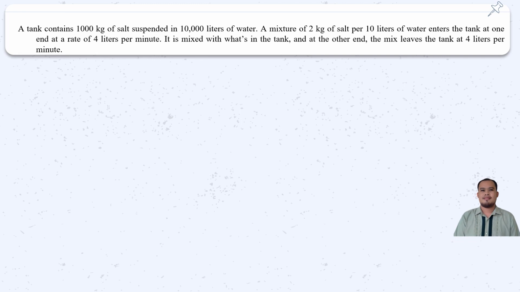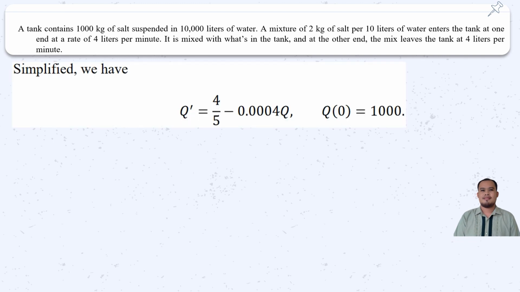Now, let's consider this simplified equation earlier. We have q prime, or dq over dt, which is equal to 4/5 minus 0.0004 q, and remember that q of 0 is equal to 1,000, since there is an initial amount of 1,000 kilograms of salt in the tank.